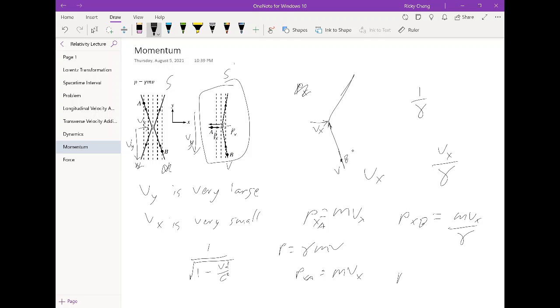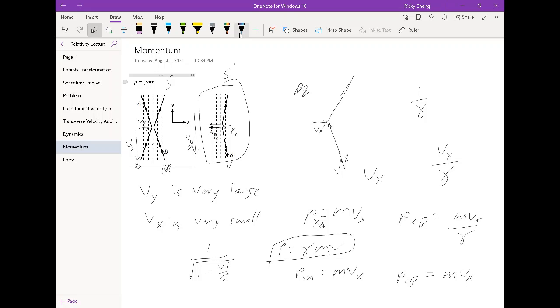On the other hand, for Pxb, if we take P equal to gamma times mv, the gamma cancels out with this, so Pxb will also be equal to mvx. So as we can see, if we take this definition, P equals gamma mv, then momentum is indeed conserved in a relativistic system.